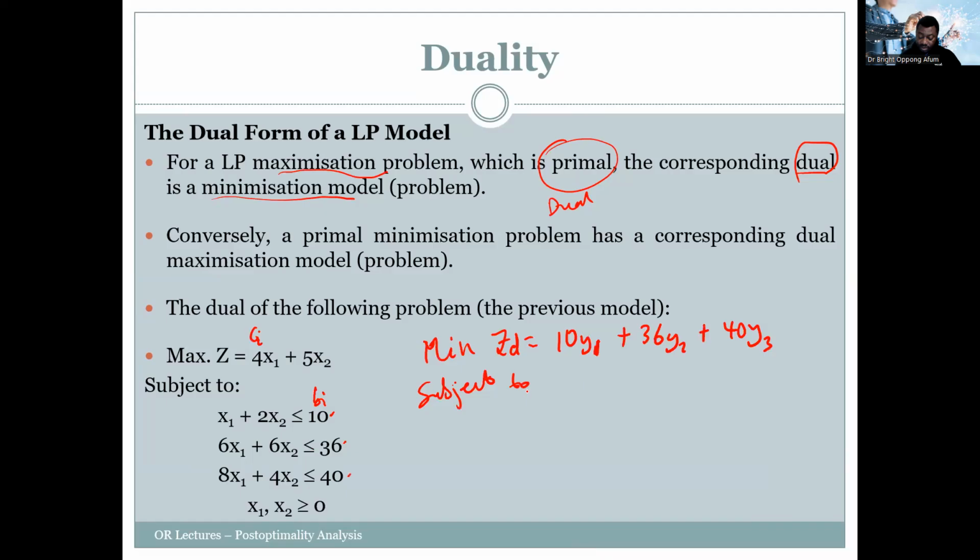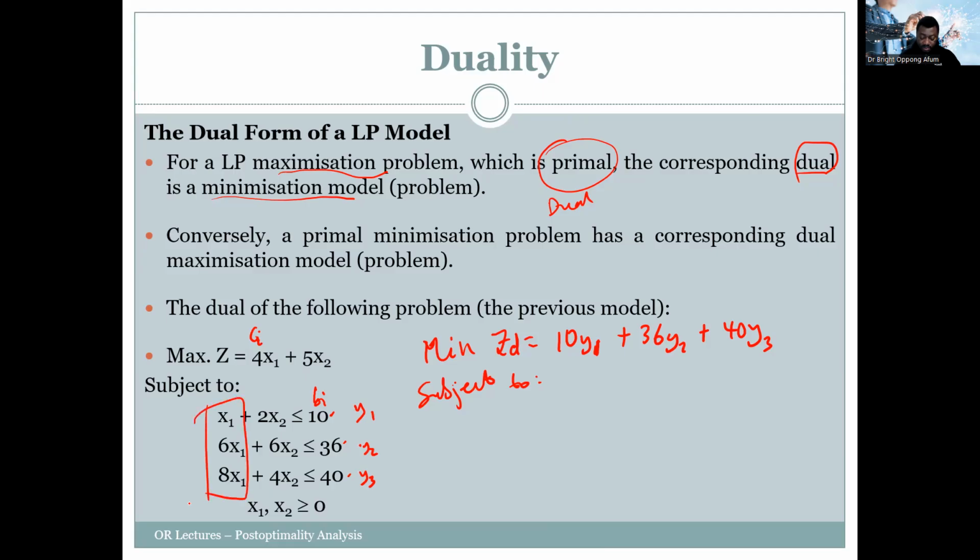And what are the constraints? So this is y1, y2, y3. We have x1, x1, x1 here, right?